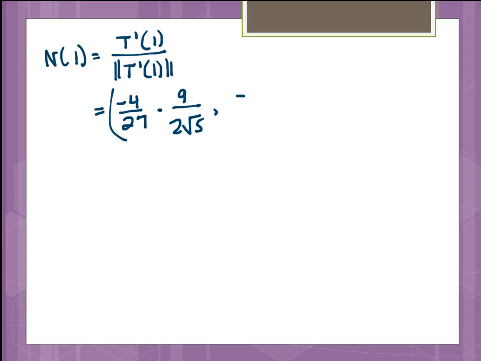Same kind of thing happening right here. I've got -8 over 27, times again the 9 over 2 square root of 5. And then I've got 10 over 27 times the 9 over 2 square root of 5.